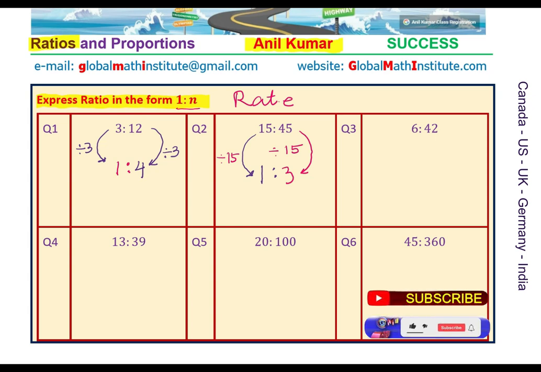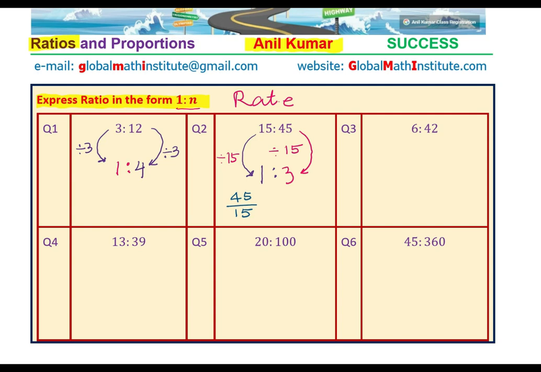Now this kind of division you can also do on the side. Basically, what I did here was divide 45 by 15, correct? The 15 times table may not be known to you, but you can divide them each by 5. If I do that, then 5 times 9 is 45 and 5 times 3 is 15.